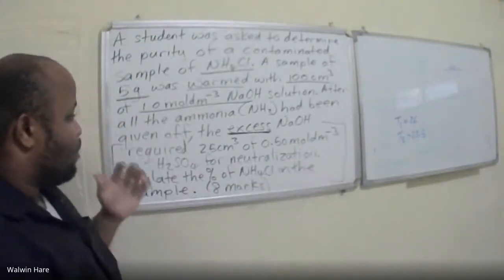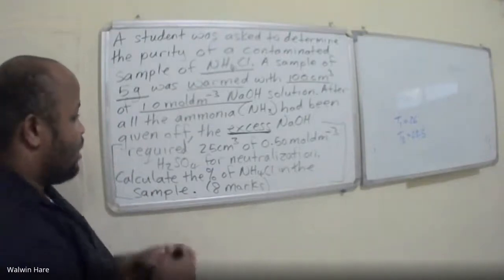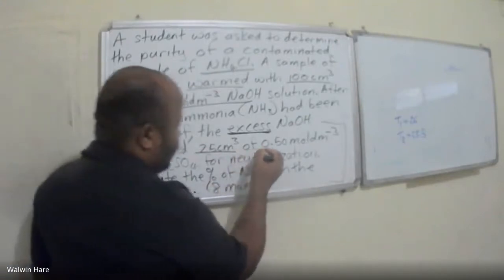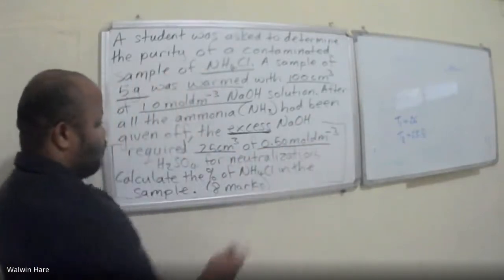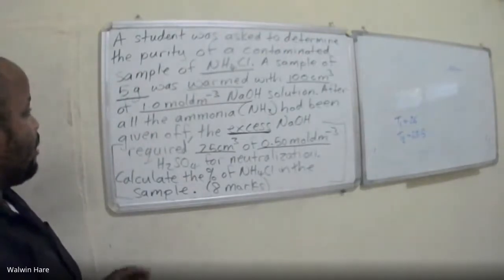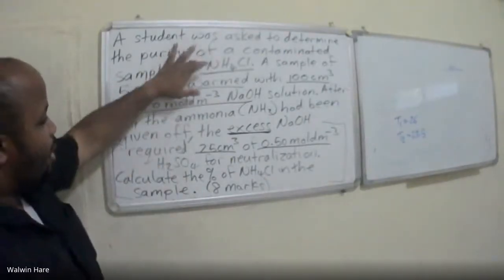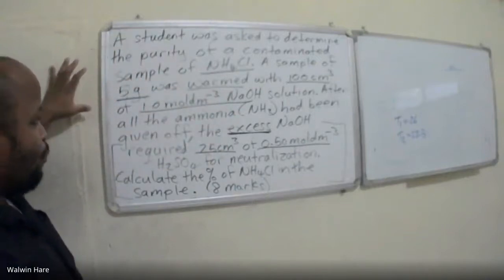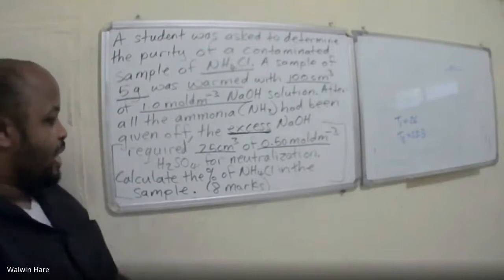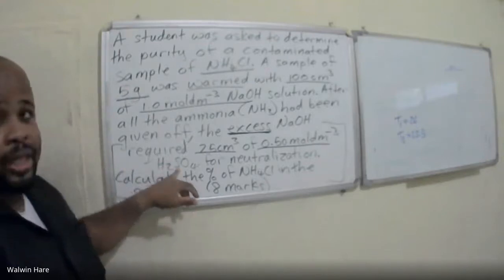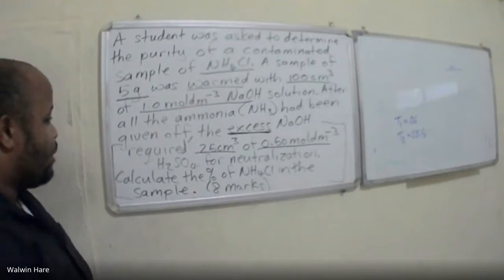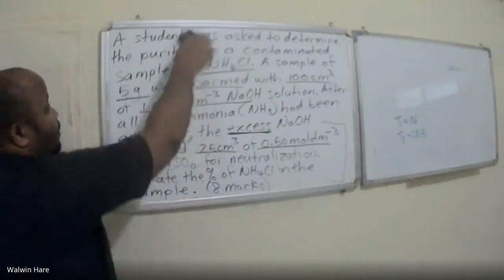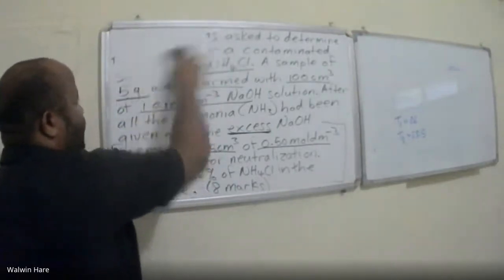And so the unreacted sodium hydroxide required 25 cm³ of 0.5 moles per dm³ sulfuric acid. So we have ammonium chloride and sodium hydroxide, that is for the reaction portion. And then for the titration, it's between sulfuric acid and the unreacted sodium hydroxide. So let's solve it.